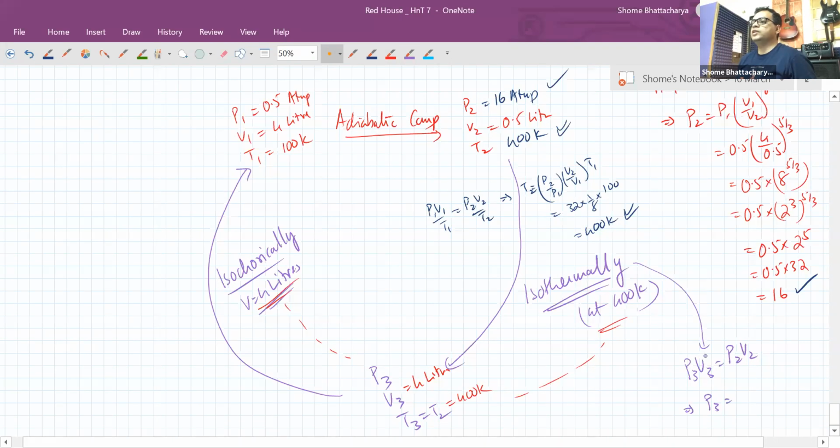So the pressure will become 1/8, which is two atmospheres. So that's coming from here.